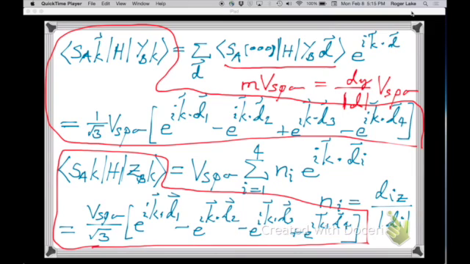And in many of these off-diagonal matrix elements between S and P, or even between P and P, you get 2 positive signs and 2 negative signs in front of these phase factors.